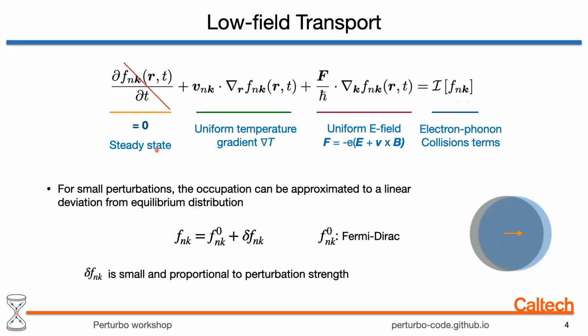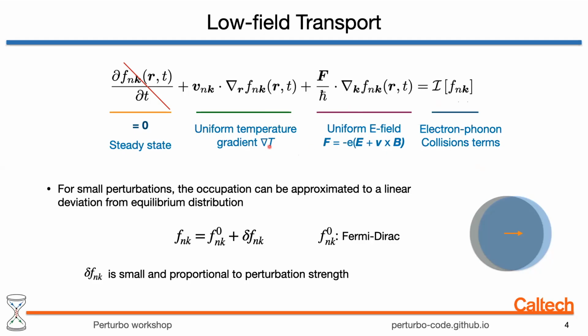But in the case of transport properties, we look at the steady state where the system has reached an equilibrium between the perturbation terms, such as the drift terms, and the collision terms on the right. And so this means that we effectively end up with this remaining equation for the BTE.